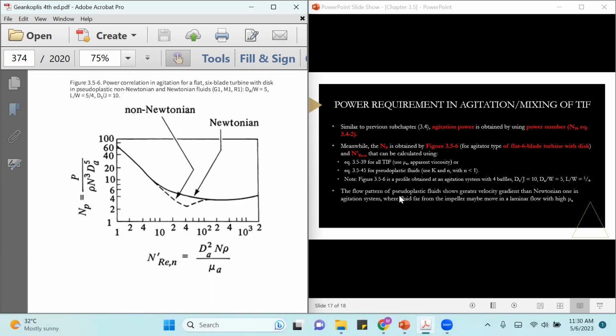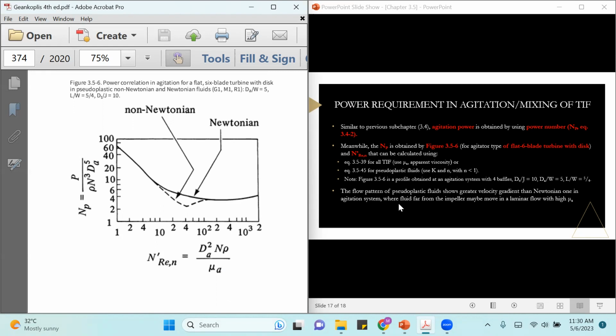Now, the flow pattern of pseudoplastic fluids shows a greater velocity gradient compared to Newtonian fluids in an agitation system. For Newtonian fluids, the fluid near the agitator will be turbulent.